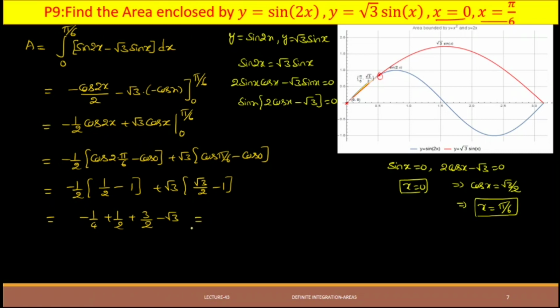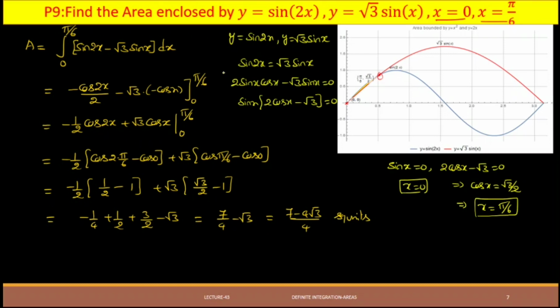So that is equal to 1 by 2 plus 3 by 2, that is 2, minus 1 by 4 is 7 by 4 minus root 3. So that is equal to (7 minus 4 root 3) by 4 square units.